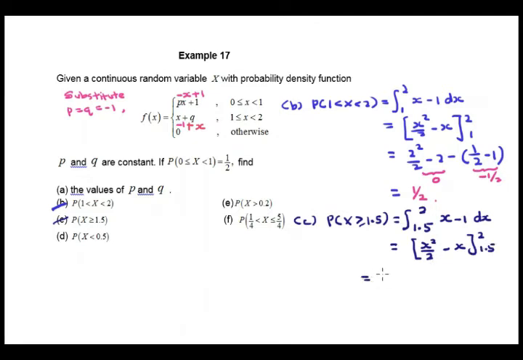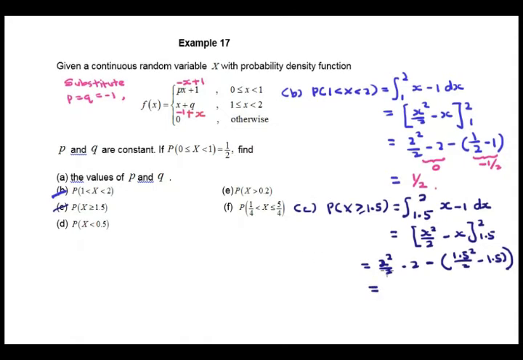Substitute the boundaries. 2 squared over 2 minus 2, minus 1.5 squared over 2 minus 1.5, is equal to 3 over 8.